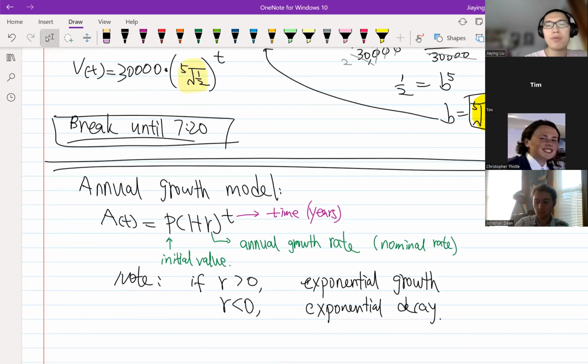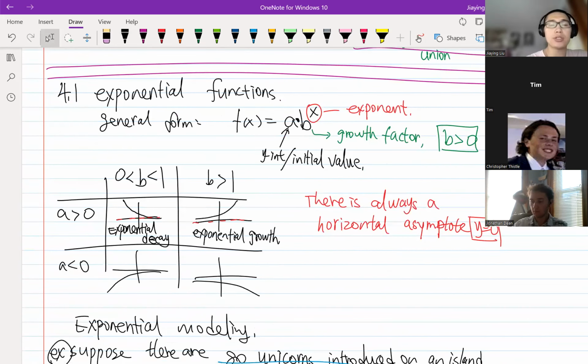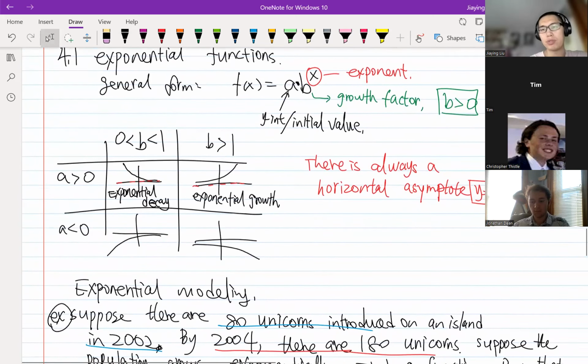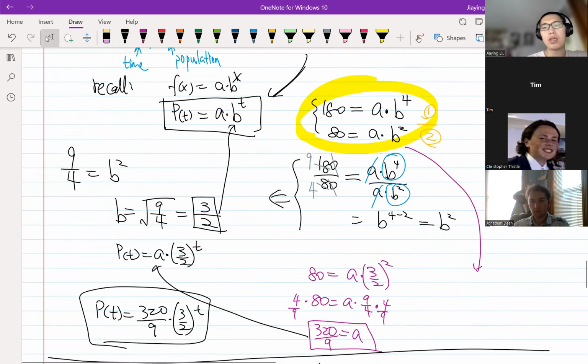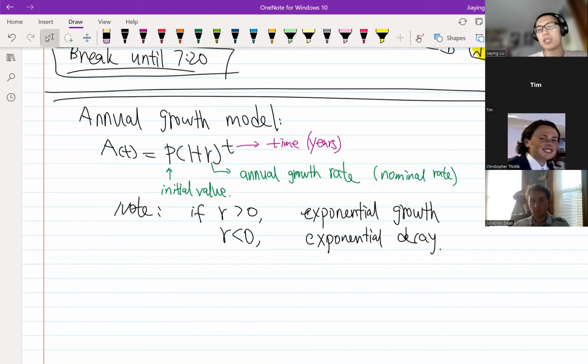This is different from above, which says if b is less than 1, we get exponential decay, and if b is more than 1, we get exponential growth. They compare to 1, the growth factor compared to 1. But here, if we just look at the growth rate r, if it's positive, it's growth. If it's negative, it's decay.